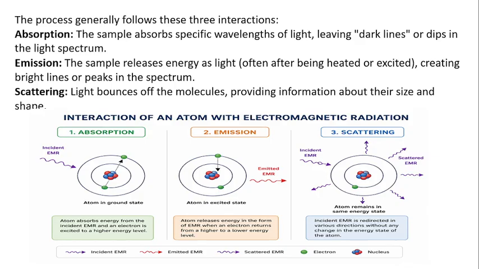There are three possible interactions between matter, that is an atom, molecule, or compound, and electromagnetic radiation. The first one is absorption, the second is emission, and the third is scattering. The very first is absorption.